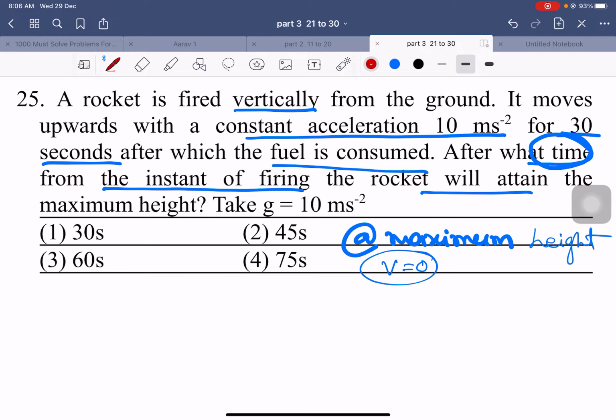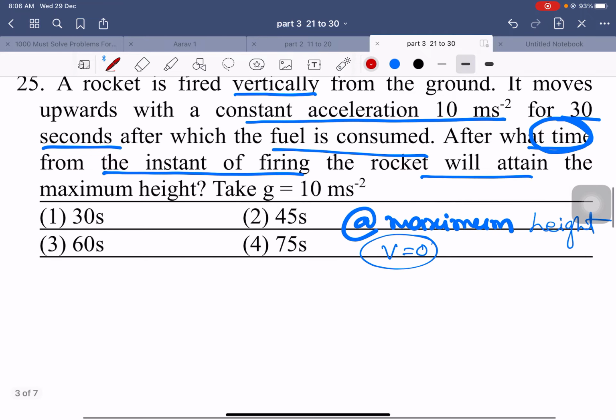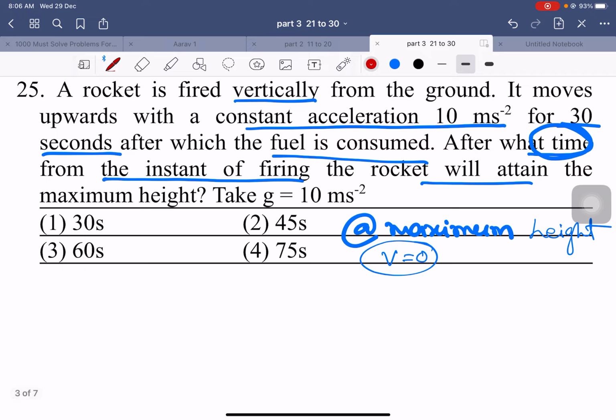Initially the rocket was fired vertically upwards. It accelerates with an acceleration of 10 meter per second square for 30 seconds. So what will be the velocity at the end of 30 seconds? We will calculate.